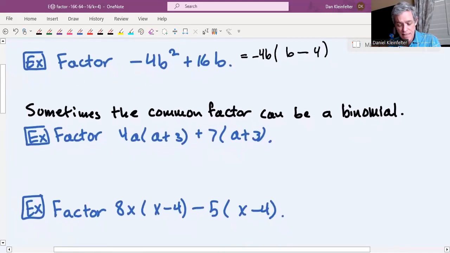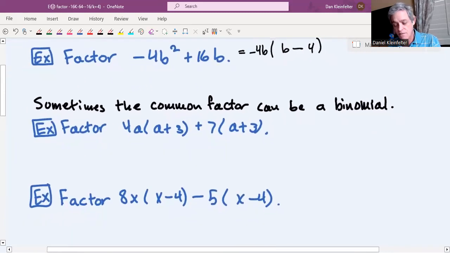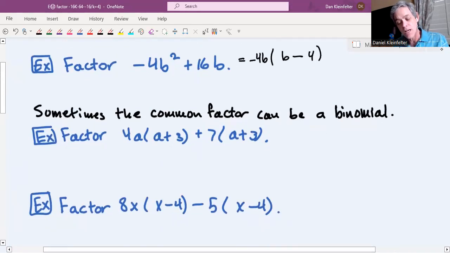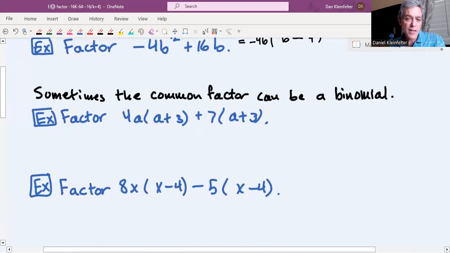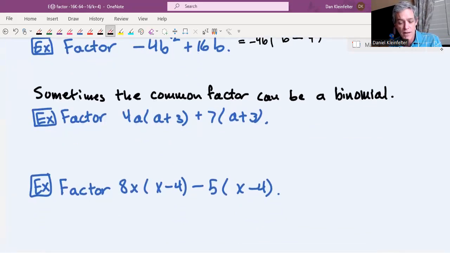Step up in complexity here. So make sure that you're comfortable with the preceding examples, really, before we go on. Okay. Sometimes the common factor is a binomial. So here we have 4a times a plus 3 plus 7 times a plus 3.